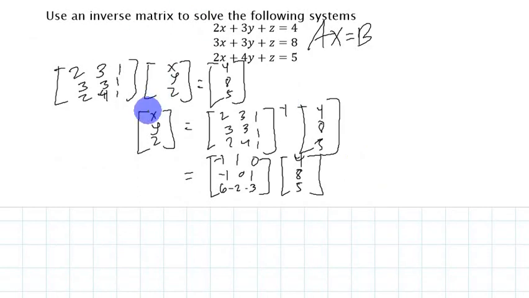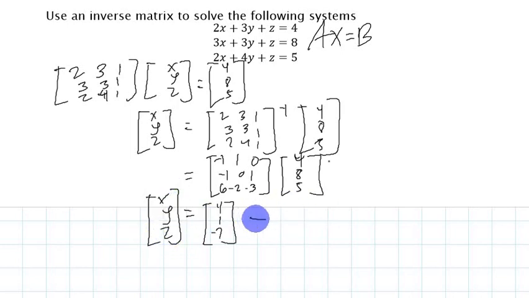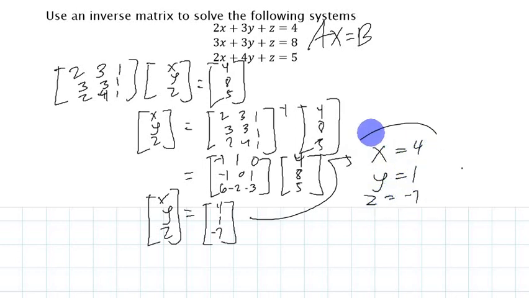This will be giving us 4, 1, negative 7, which is equal to your matrix x, y, z. And by equality of matrices, x equals 4, y equals 1, z equals negative 7. And that's using the inverse of a matrix to solve a system of equations.